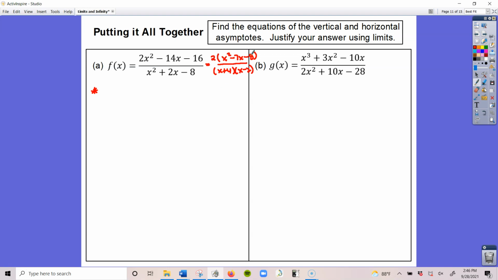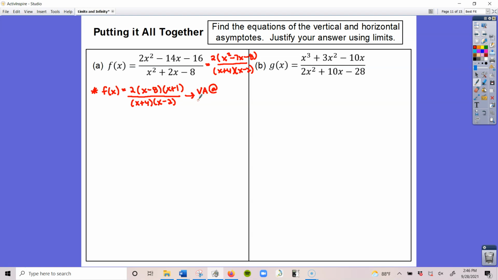Now let's continue factoring that numerator. f of x is going to equal 2 times x squared minus 7x minus 8, which can be factored as x minus 8, x plus 1, over x plus 4, x minus 2. Since nothing canceled out here, we have two vertical asymptotes, which would be where the denominator is equal to 0.